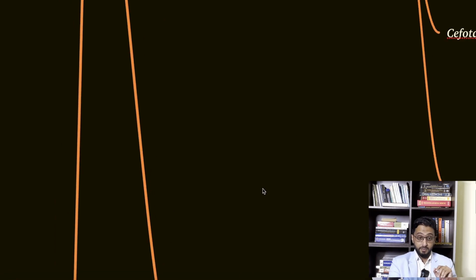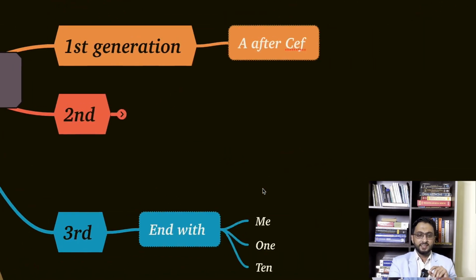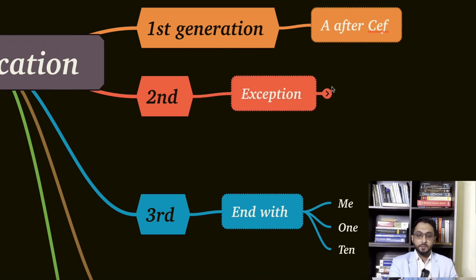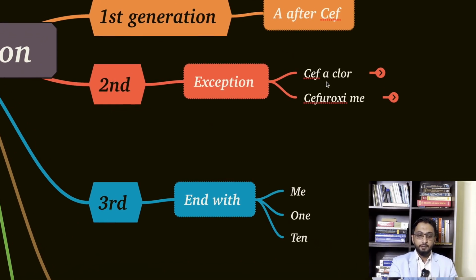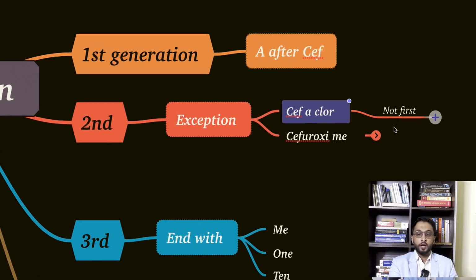One thing we missed out was the second generation. How to learn the second generation? That is exceptions. Just learn the exceptions. If A comes after Ceph, it's the first generation, except cefaclor. Cefaclor, which is not first generation.